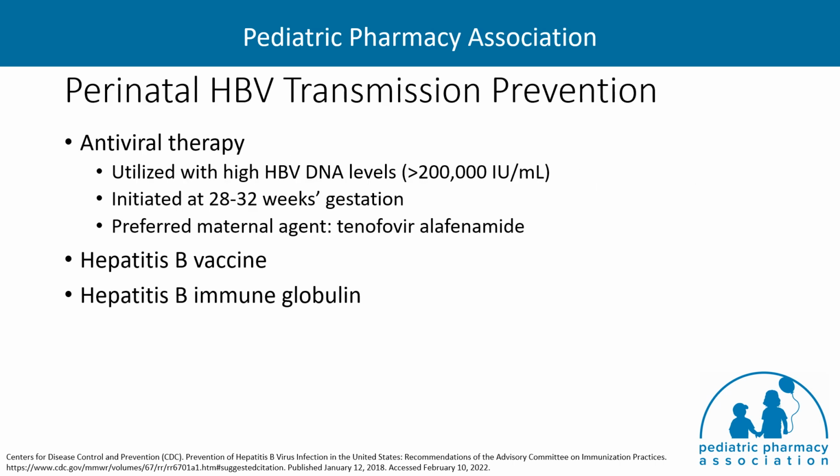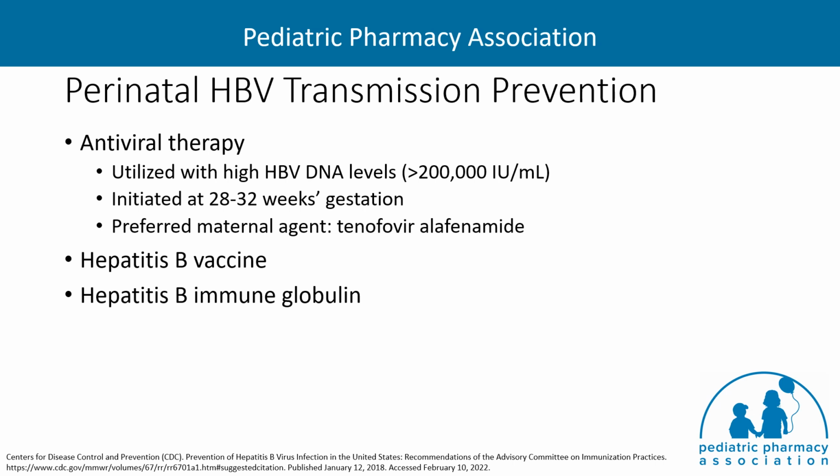Now that we've spent time discussing the hepatitis B vaccine and the hepatitis B immune globulin in terms of neonatal therapy, let's touch on what options there are for maternal therapy for perinatal hepatitis B virus transmission prevention. We do have a couple antiviral therapy options.